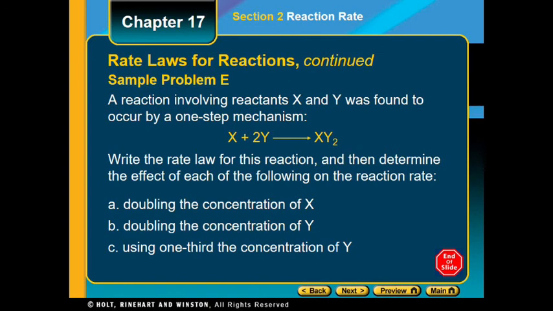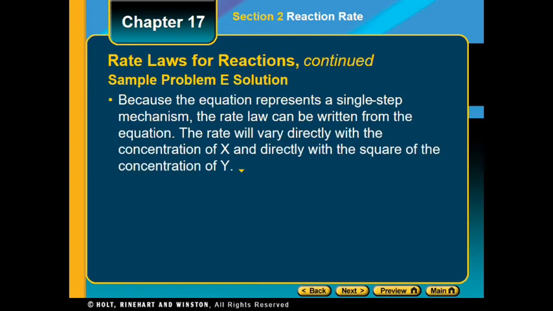First, write the rate law for the reaction. As I am looking at this, we have two reactants, and we don't have any other information to look at, so it looks like it's first order in X and second order in Y. So it is a single step: first order in X, second order in Y.